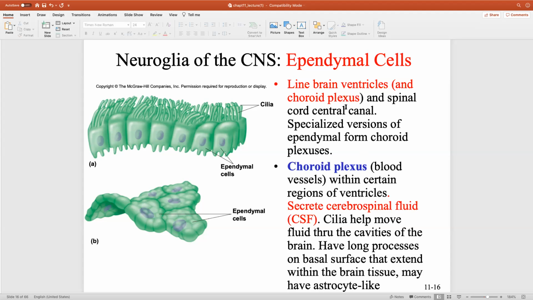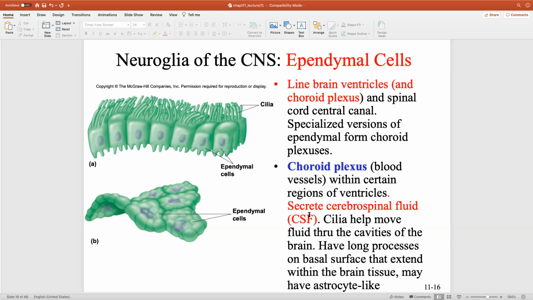The ventricles of the brain are lined with blood vessels, and the blood vessels contain these epidermal cells. These epidermal cells allow us to filter the blood vessels called the choroid plexus. So the choroid plexus is the name of the blood vessels.